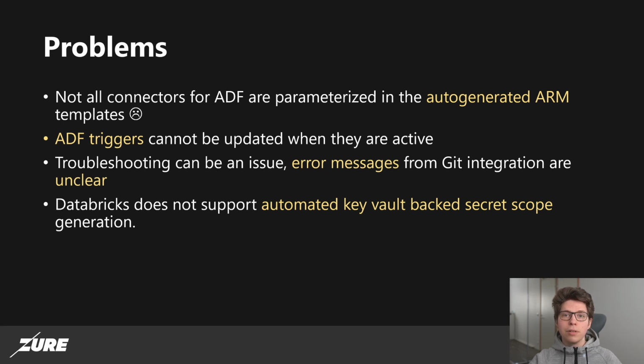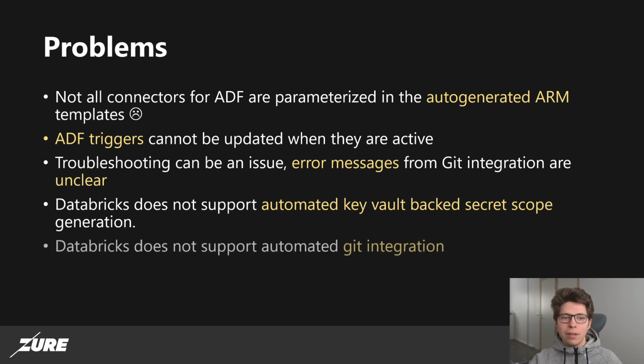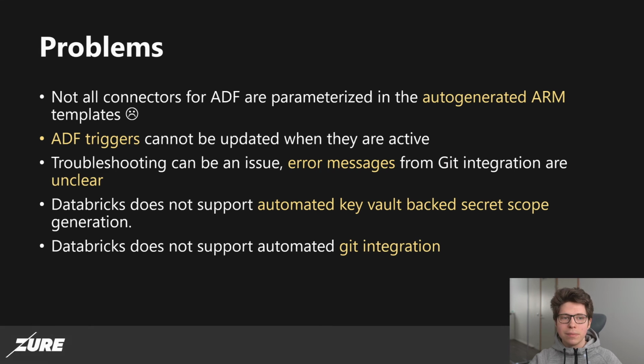You need to go to the portal and click manually, which is not really suitable then for if you need to do everything with automation, which we aim for. I don't want to touch a production environment by hand at any point. And lastly, Databricks does not support automated Git integration either, so that's a bit of a hassle.